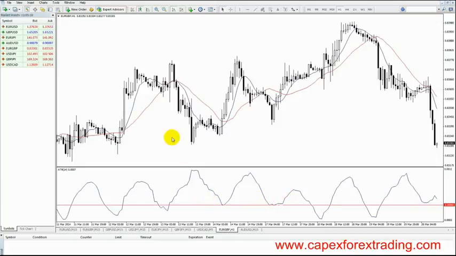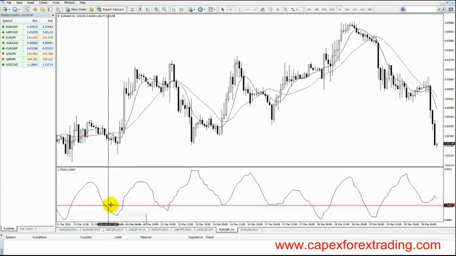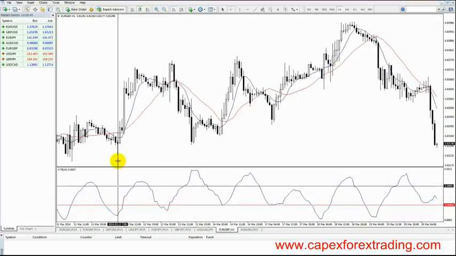What you can do is have a look at historically where the trends have begun and ended, and then associate the dips or touches below the horizontal line with the beginnings of these trends. As you can see here, we have this area where the indicator has dipped below a horizontal line, and we also have a beginning of a new trend in the price chart.